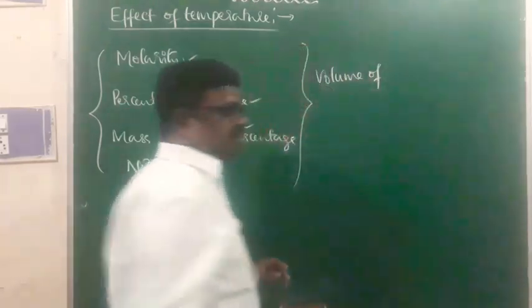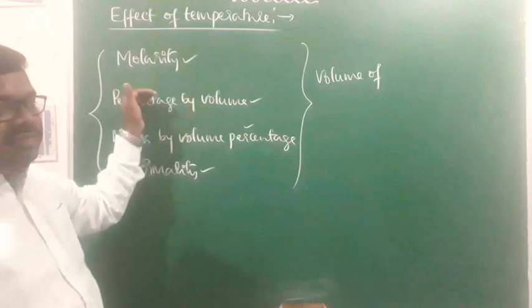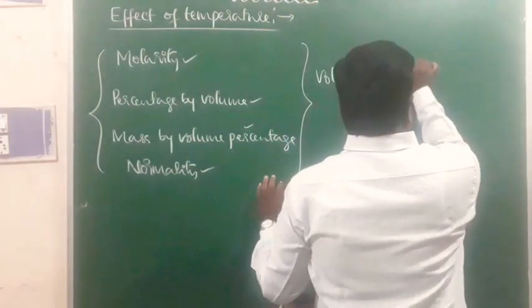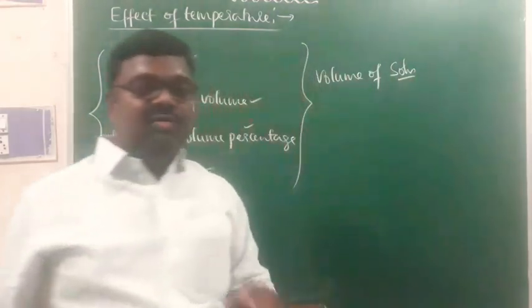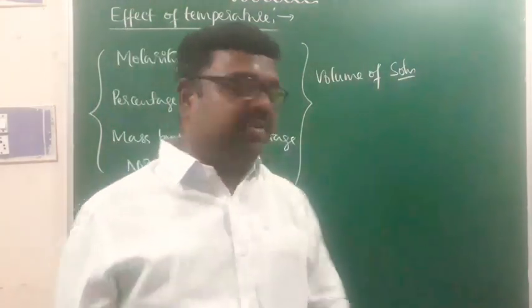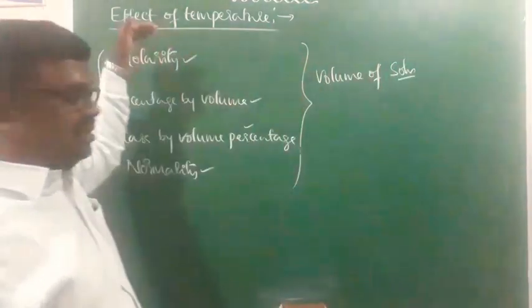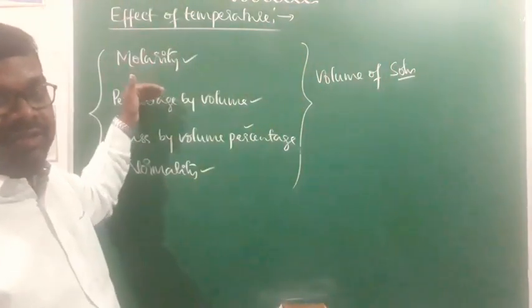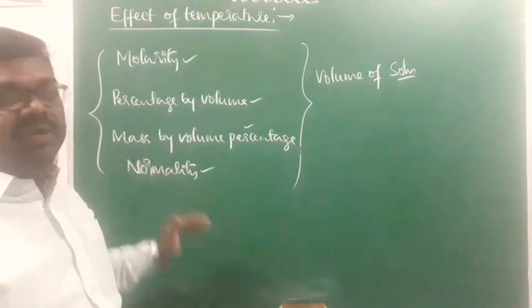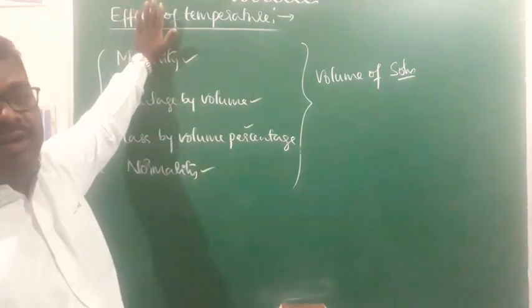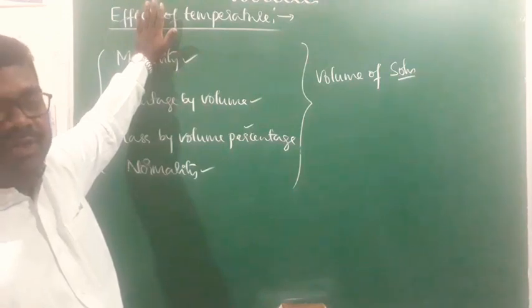Volume of solution changes with the temperature. Therefore, the methods of expressing concentration also change with the temperature. So that is what we call the effect of temperature on methods of expressing concentration of solutions.